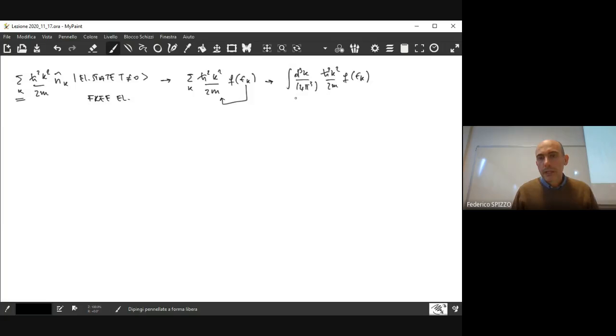If T is equal to 0, the integral is from 0 to kF. If T is different from 0, there is no upper boundary for the integration. K modulus may go from 0 to infinity because the Fermi-Dirac distribution considers the occupancy of the levels and so applies the cutoff when the levels are unoccupied.